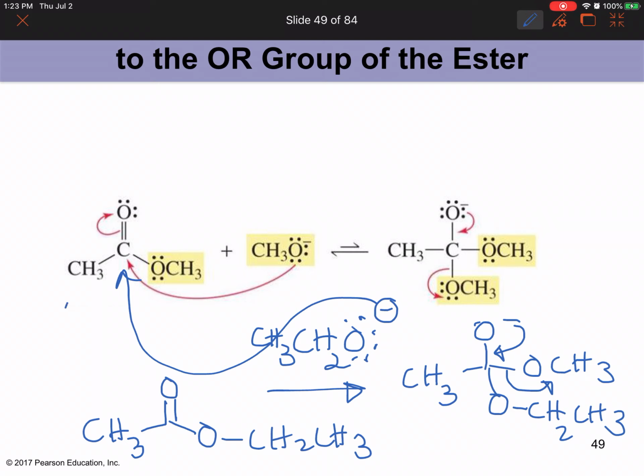You see the difference between these two: one has a methyl group and the other has an ethyl group. So to avoid confusion like that, when we are using ethoxide or methoxide or an alkoxide, we want to make sure you use the same nucleophile as the OR group of the ester.